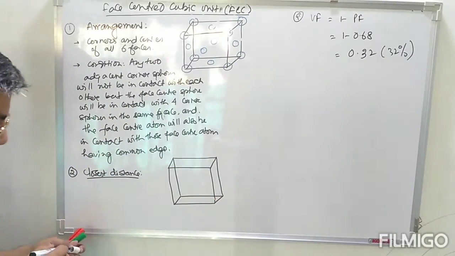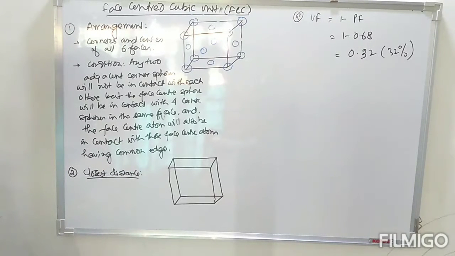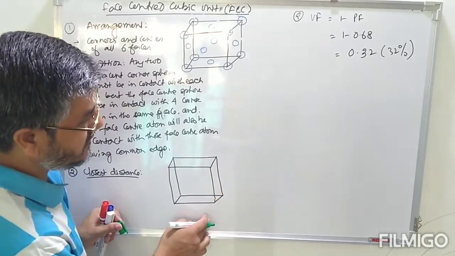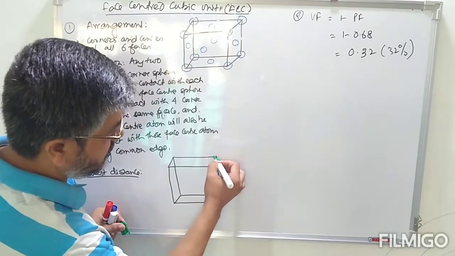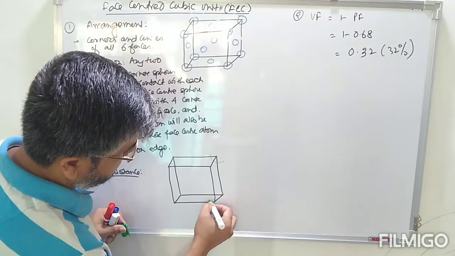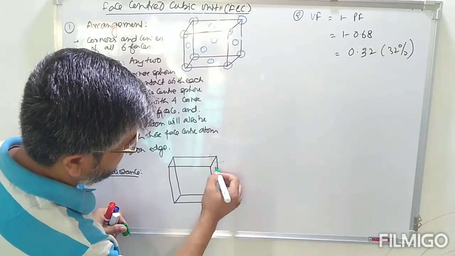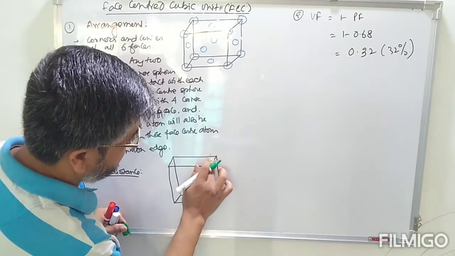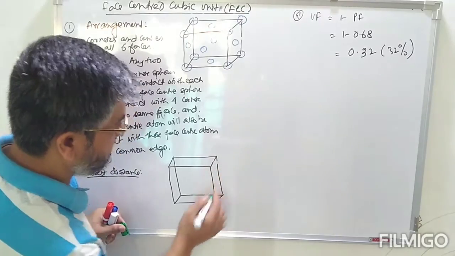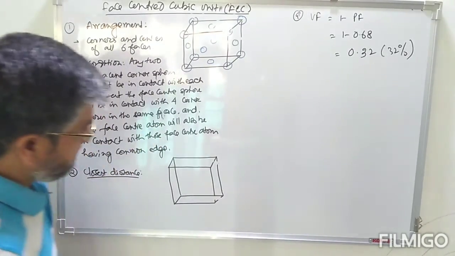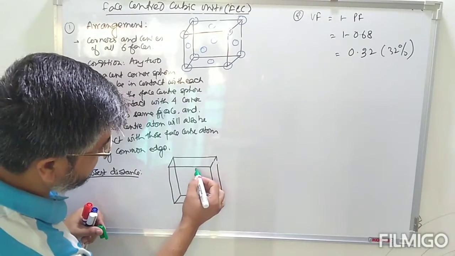We'll define the closest distance in an FCC. The corner atoms will be in contact with the face center atom. So let's take this face.